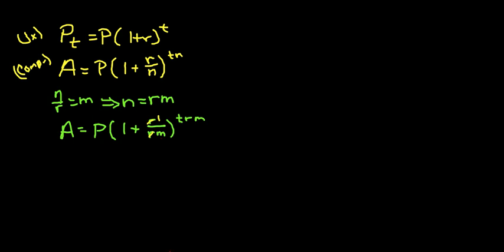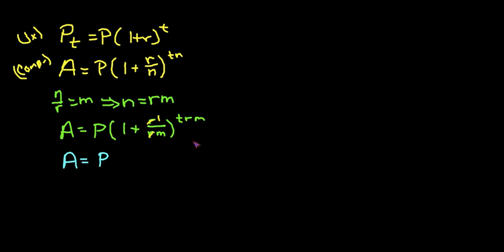Now, if I want to get all of my m's grouped here, we're going to use one of our steps that we use when we're doing some factoring with exponents. And here's what I'm going to do. We've still got P times this, and this whole factor is raised to this power.